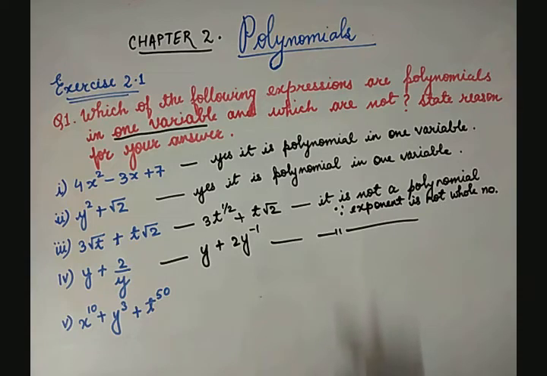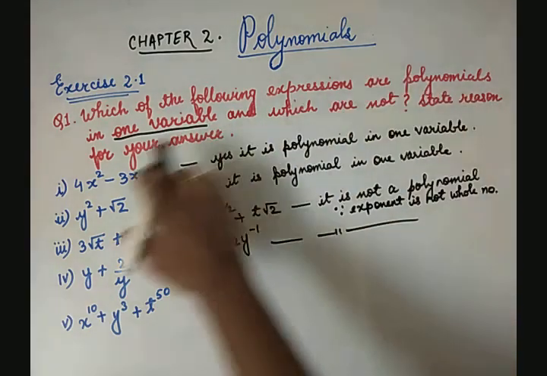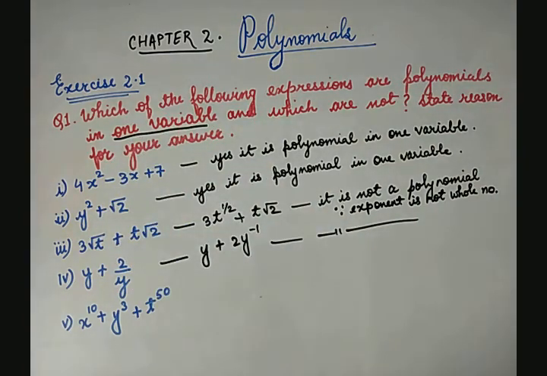And in the question it is asked to find polynomials in one variable. That's why I asked you to read the question very carefully. It is a polynomial, but in 3 variables, and it is asked to find only polynomials in one variable.